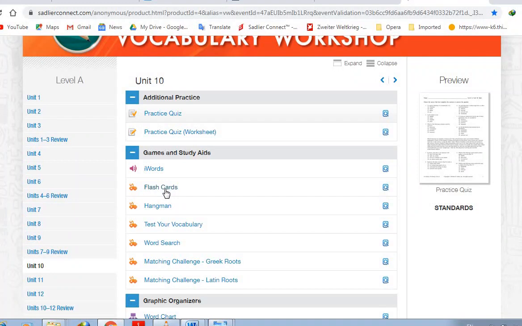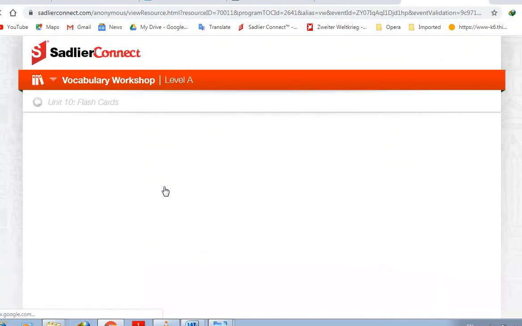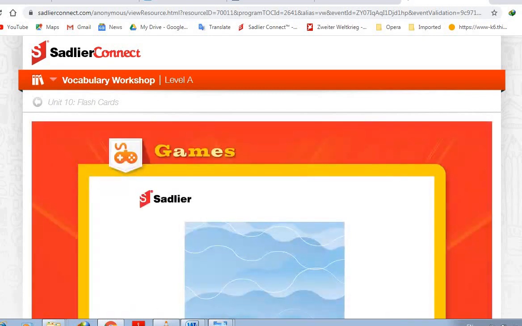Now let's start with, for example, flashcards. Click. Yes, that's it. It is like the flashcards I used to tell you to do at home when we were in school.